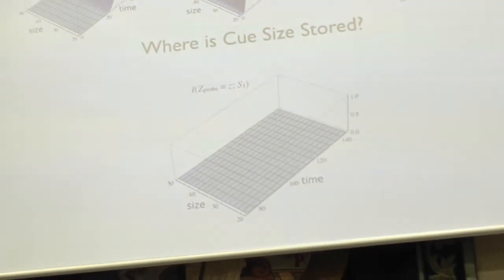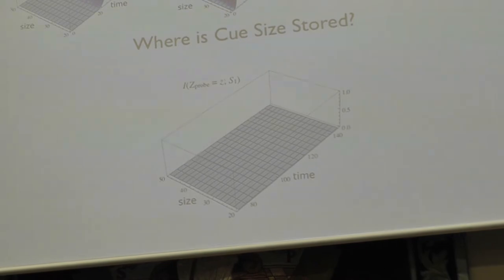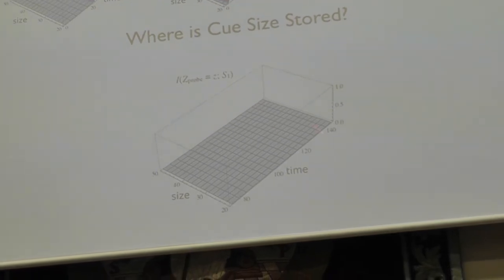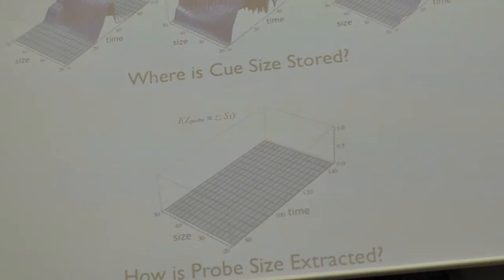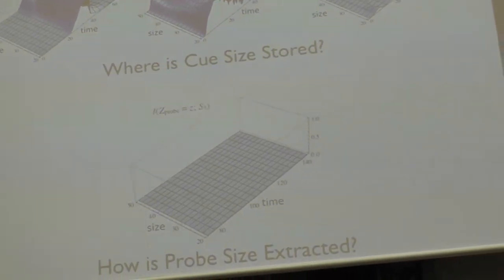So informationally, this agent can't remember the size of the cue, and it can't perceive the size of the probe, is what these two results suggest. Is that clear why that's puzzling? Right? Because it's still as good at solving the task as the passive agents. Okay? So how does it extract the probe size and compare it to the cue size if it can't perceive the size of the probe? Okay?